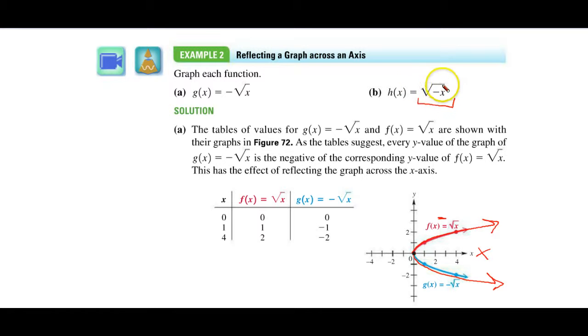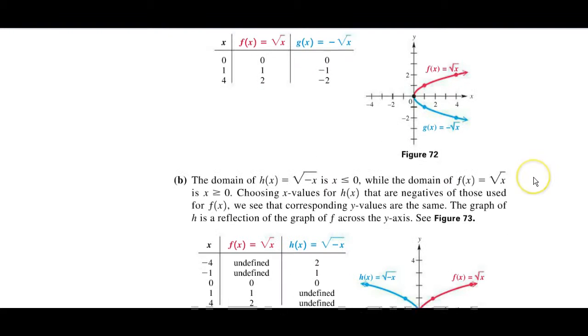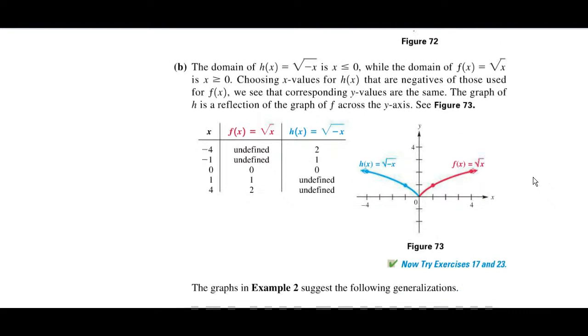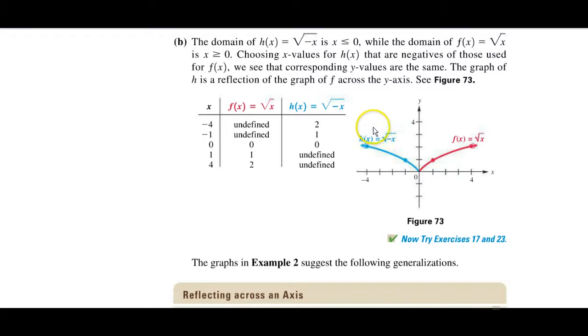You can't have a negative value underneath this. So that would be, in a sense, undefined. Okay. And here they're showing us that where theoretically you might get a reflection across the y-axis now, these numbers are undefined.